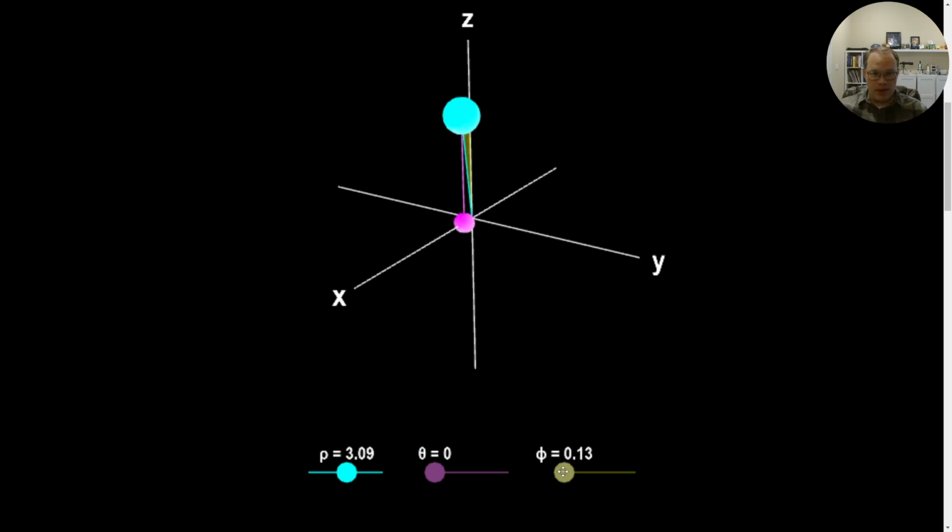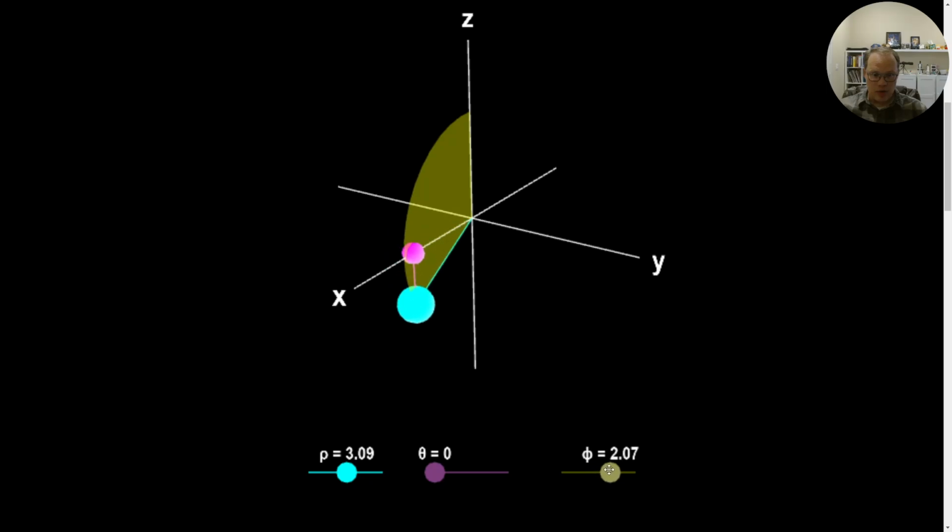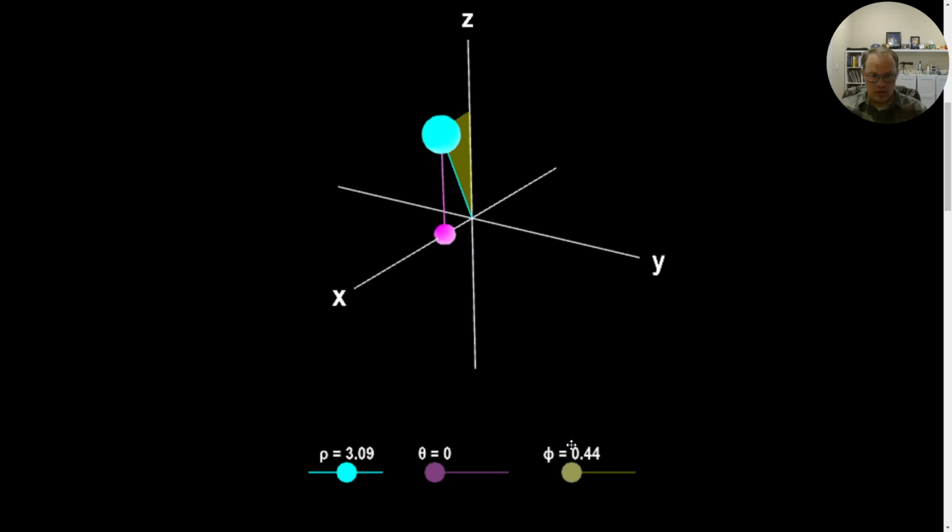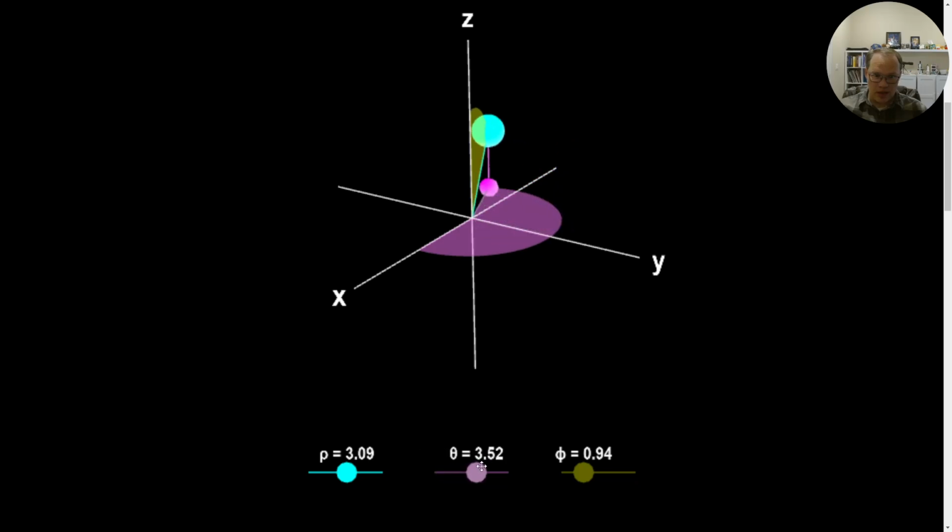If we manipulate phi, it changes the angle at which we come down from the z-axis, how we're going up or down. Okay. Theta is our polar variable, and so it changes exactly as we're used to. It extends from the positive x-axis and it goes around.